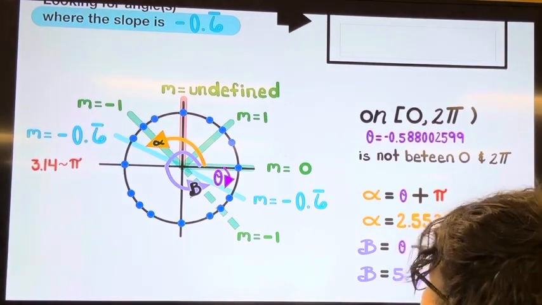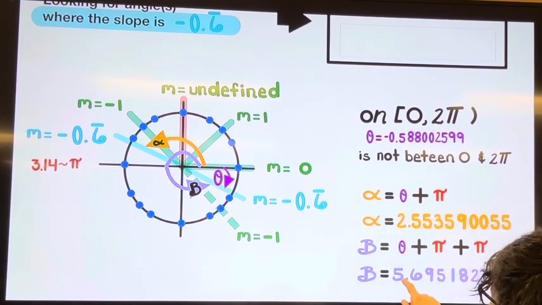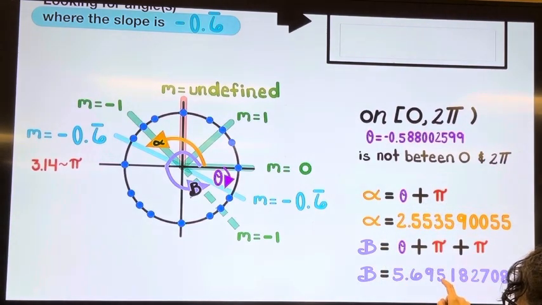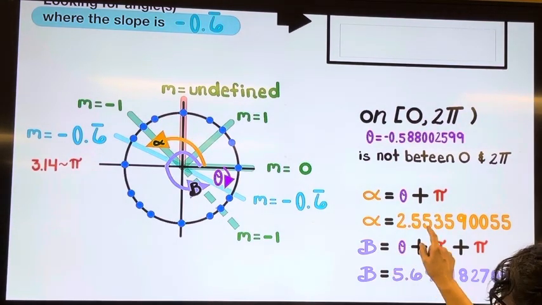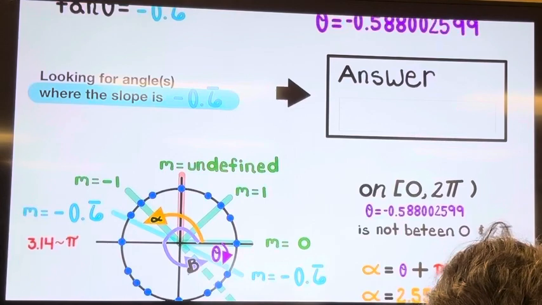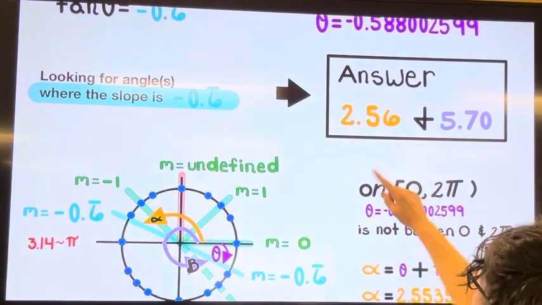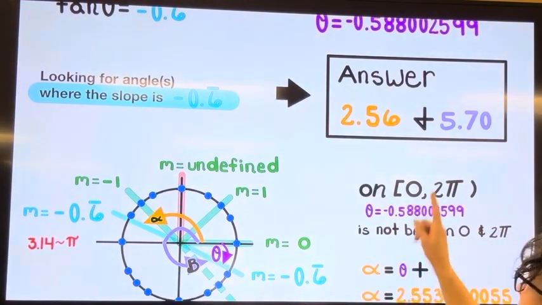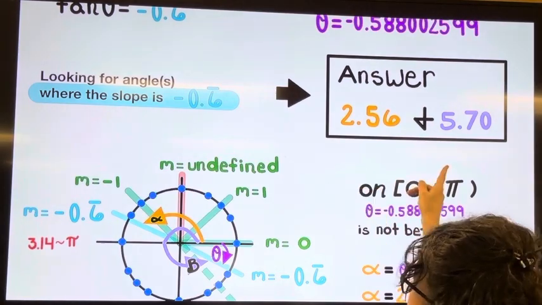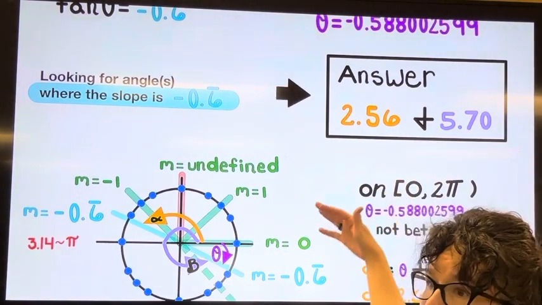The significance of both of these answers, when this rounds, 5 makes us 9 and 10, carry the 1, so this is going to be 5.70 because it said round to the 100th, and then this one is going to be 2.55. So the significance of these two answers, these are the angle measures, because we're in radians, not degrees.